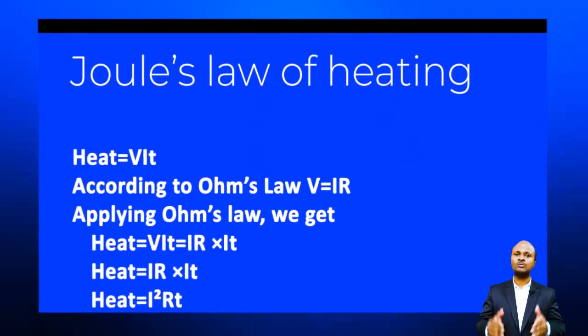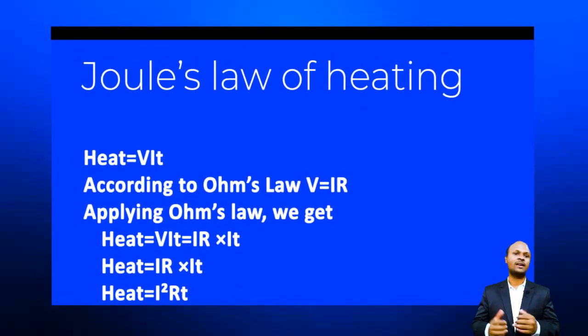Thus, for a steady current I, the amount of heat H produced in the time t is heat is equal to VIt. According to Ohm's law, V is equal to IR. Now, applying Ohm's law, we get heat is equal to IR into It. That is, heat is equal to I square Rt. This is known as Joule's law of heating.